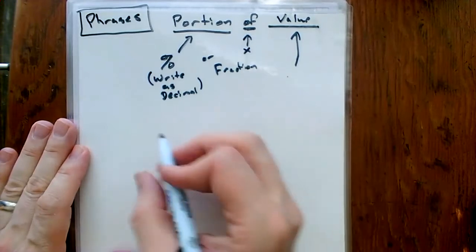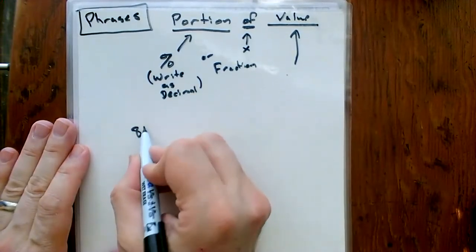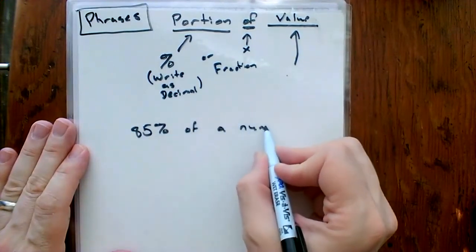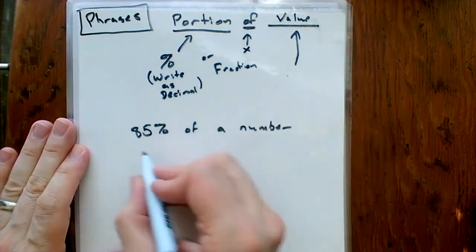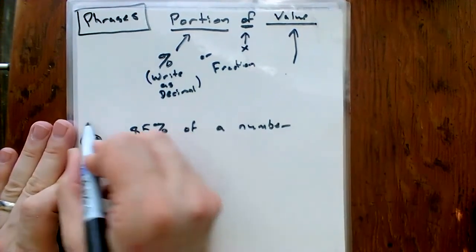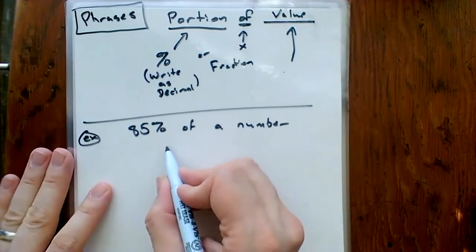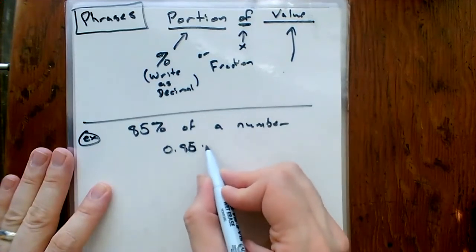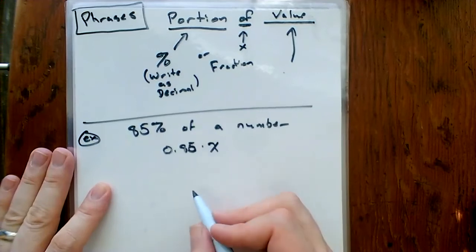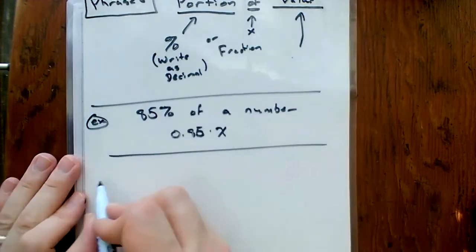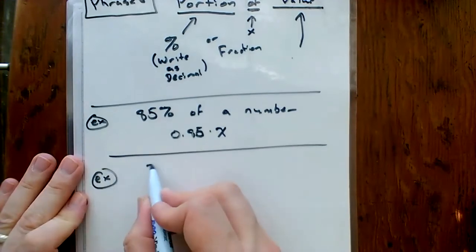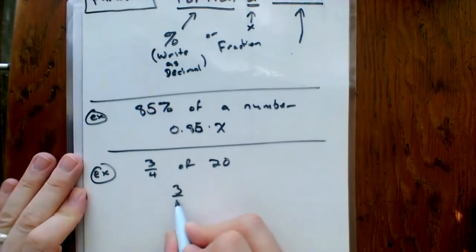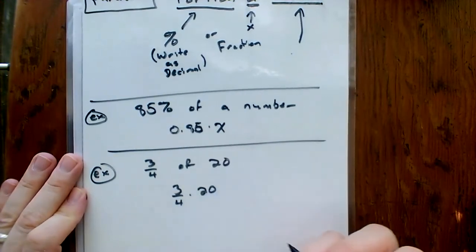So if I were to say something like 85% of a number, I would translate this as 0.85 times a number. Or it could be something like 3/4 of 20. That's going to be 3/4 times 20.